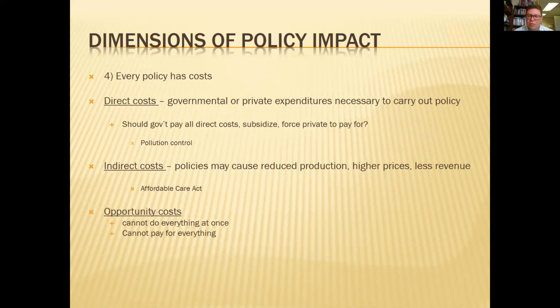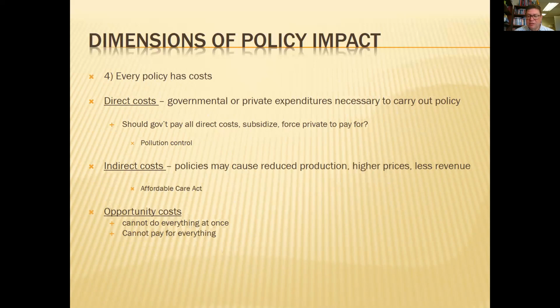There can also be indirect costs associated with a policy program. So, for example, with the Affordable Care Act, there was a provision that said that any employee working over 30 hours a week would have to have access to health care through their employer. And this, in consequence, led to some people having their hours lowered below 30 hours a week in an effort to prevent them from having to provide health care.